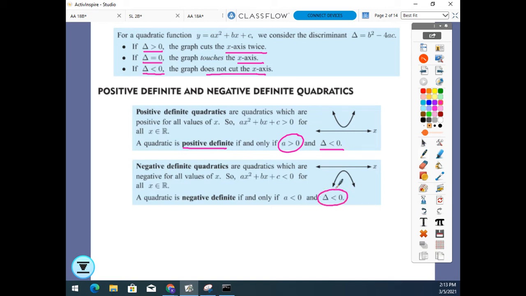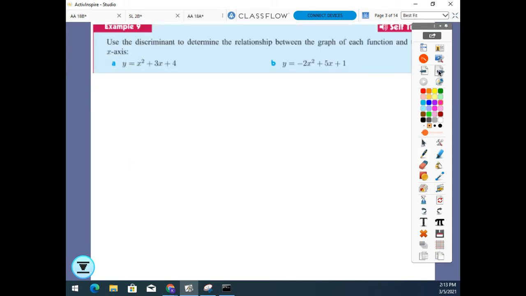Both of these are where the discriminant is negative, so it doesn't touch at all. If your leading coefficient is positive, everything's going to be positive. If the leading coefficient is negative, it's always going to be negative. That's really all it's telling you.